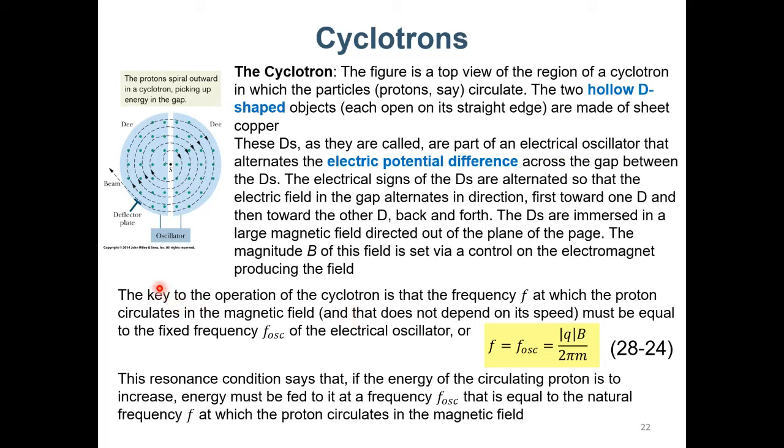So actually, let me try to explain. There are two semicircle disks, but we separate them a bit, and then we will have an E field alternating at this edge.